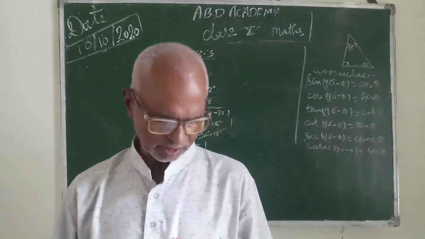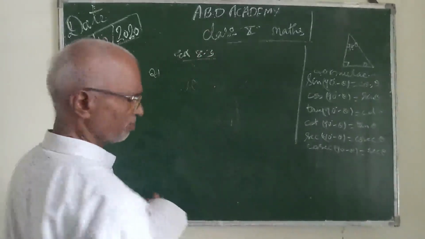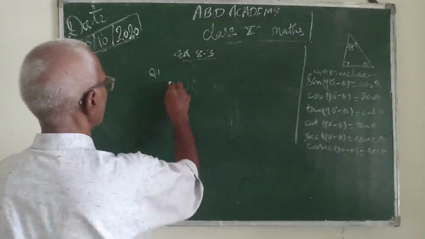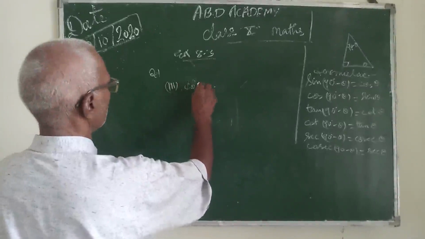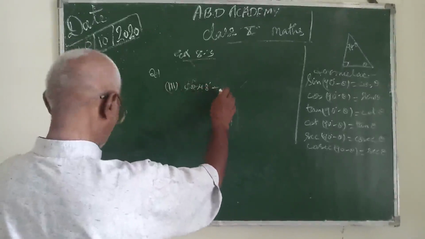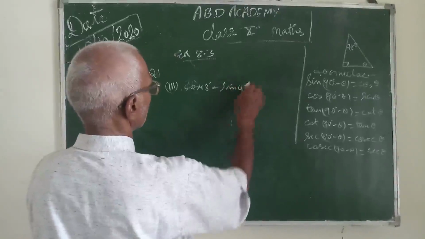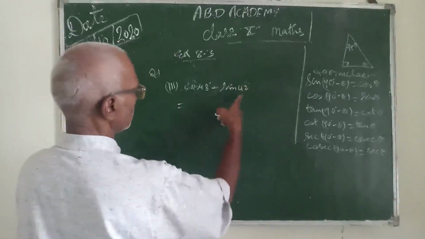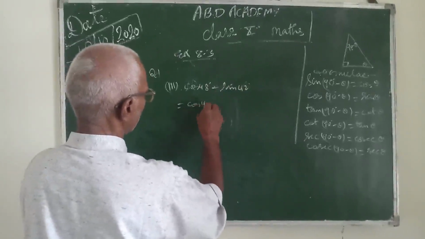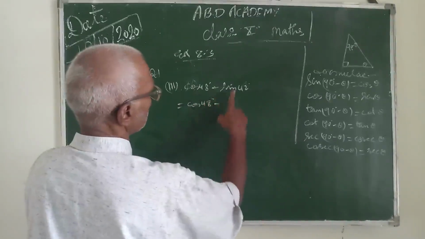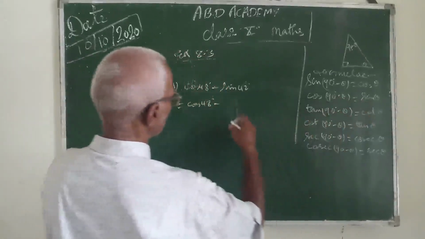Here, cos 48 and sin 42 in the third part. The third part is cos 48 degree minus sin 42 degree. Change anyone, either this or that. So for sin theta, we are giving cos 90 minus theta.